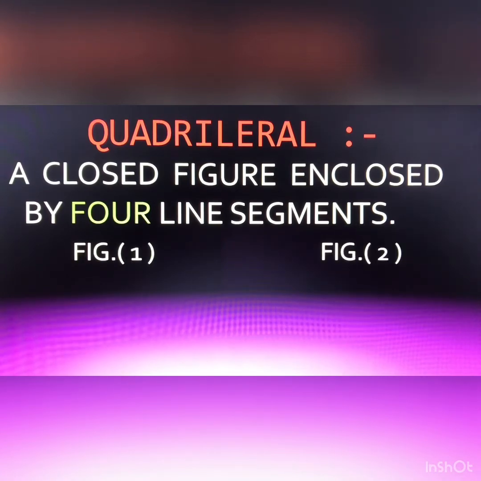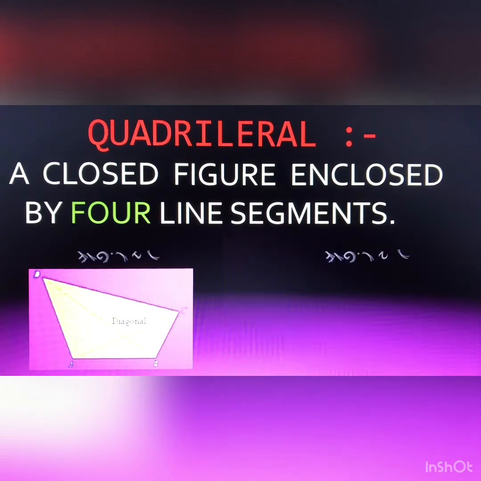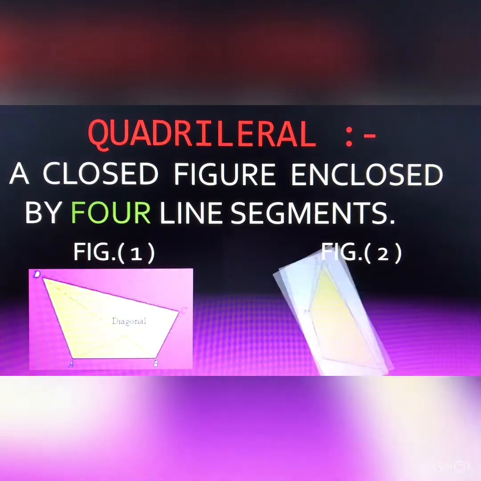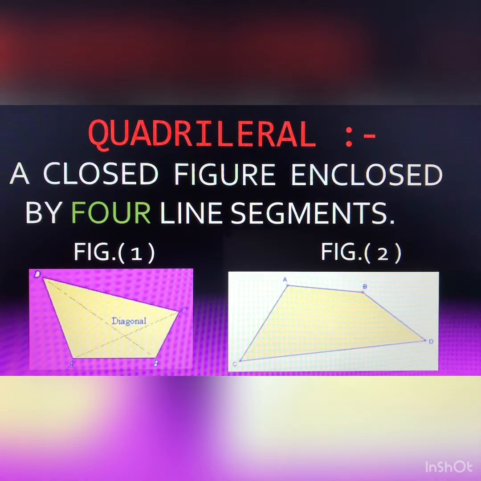Number one, ABCD is a quadrilateral, and in this quadrilateral there are two diagonals. The second one, ABCD, is also a quadrilateral bounded by 4 line segments. Each figure, each shape is bounded by 4 line segments. So this is known as a quadrilateral.